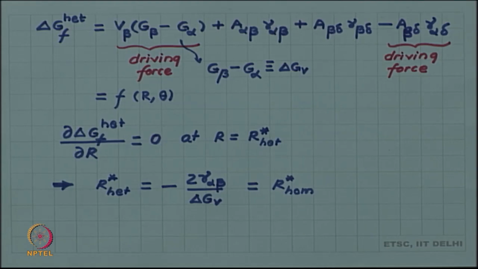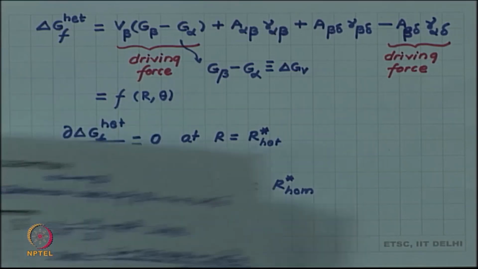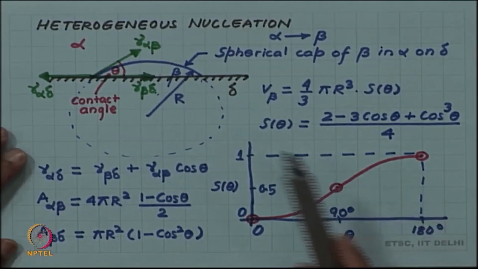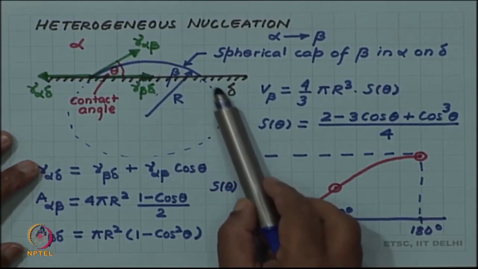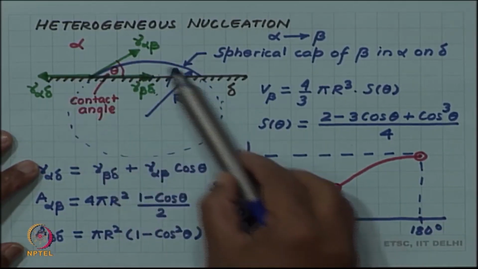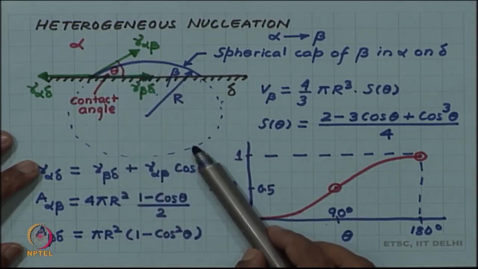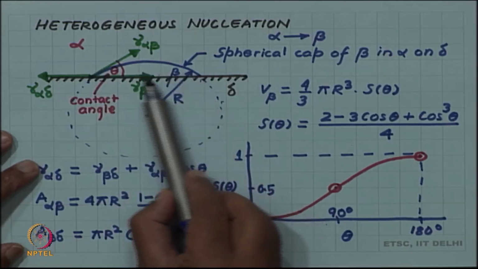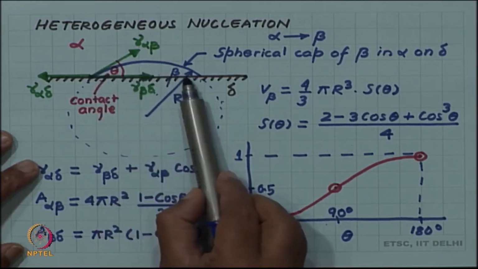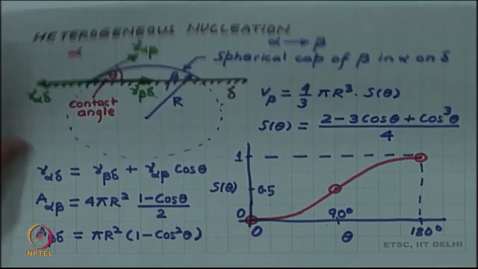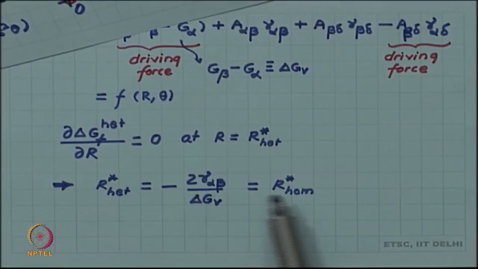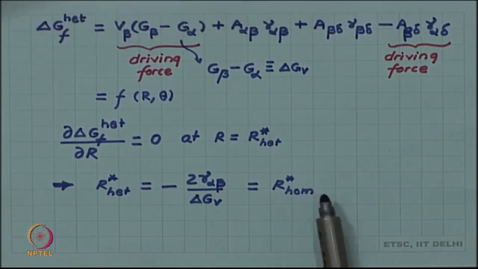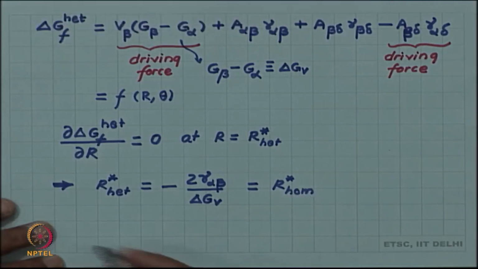However, there is still a difference, because recall that in homogeneous nucleation the entire sphere of radius r was the nucleus, but in this case only a part of the sphere is the nucleus. So, although the radius appears to be the same, the volume of the two nuclei will not be the same.